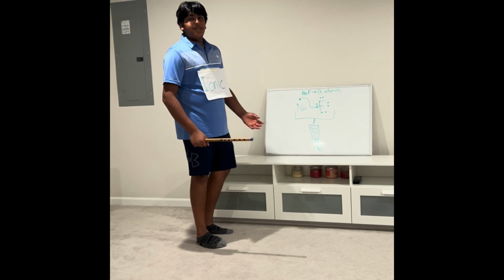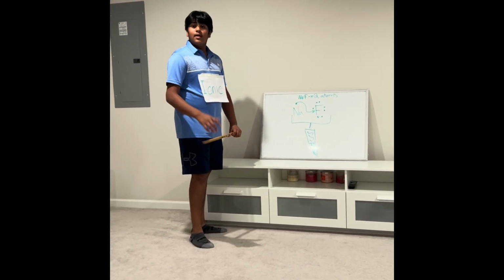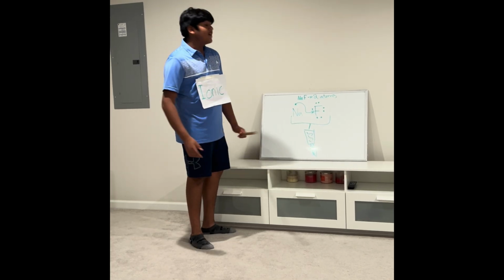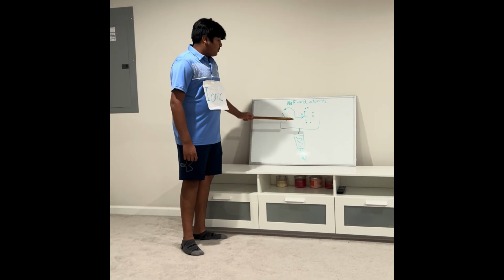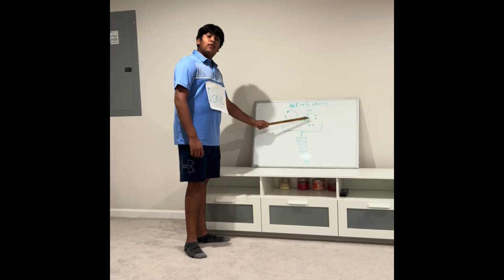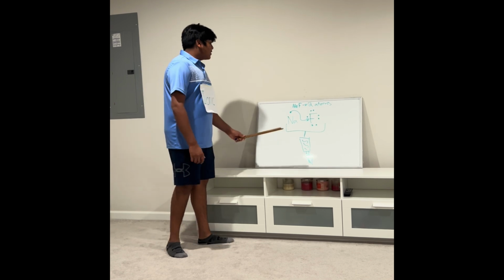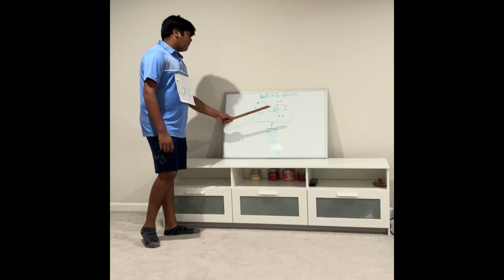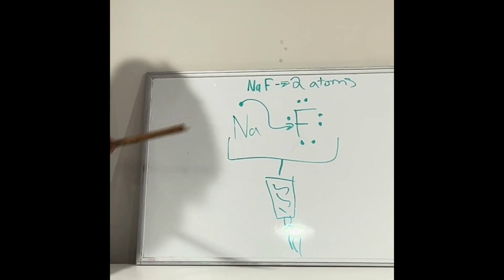An example would be sodium fluoride, right? The chemical formula for sodium fluoride is NaF. It contains 2 atoms, sodium, Na, and fluorine, F. This is how you represent it on the Lewis dot diagram: you write Na and F. Na contains 1 valence electron, so you write 1 dot.